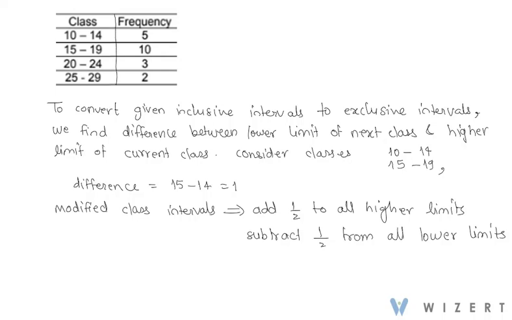10 minus half is 9.5, 15 minus half is 14.5, 20 minus half is 19.5 and 25 minus half is 24.5. 14 plus half is 14.5, 19 plus half is 19.5, 24 plus half is 24.5, and 29 plus half is 29.5.